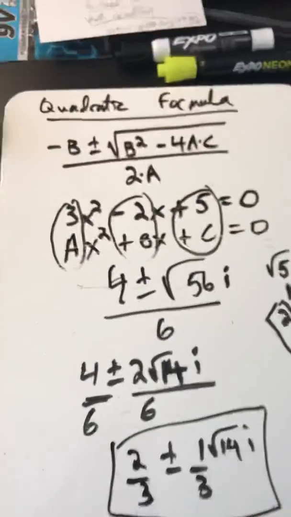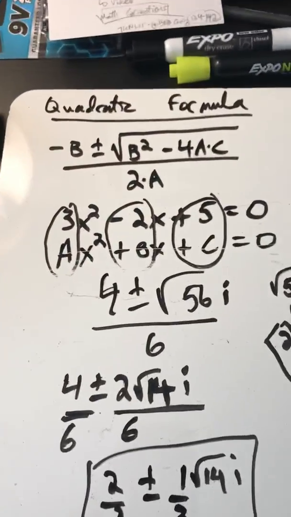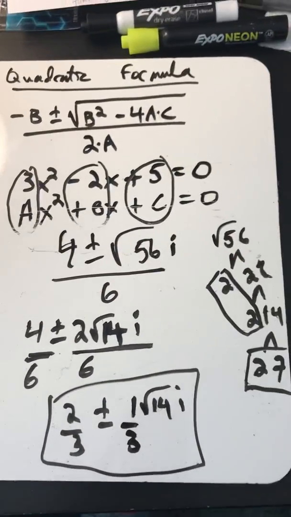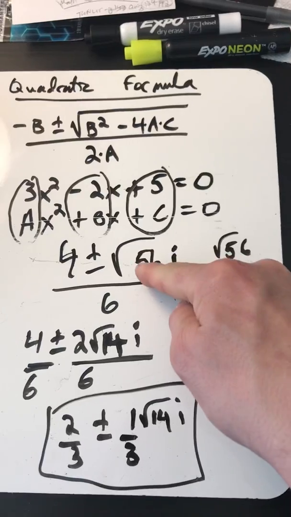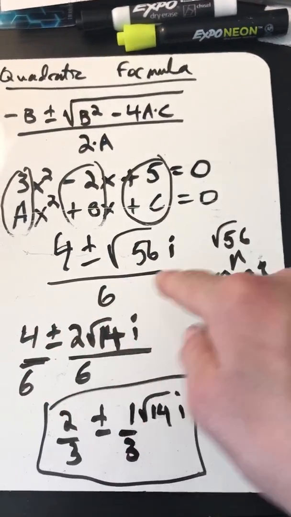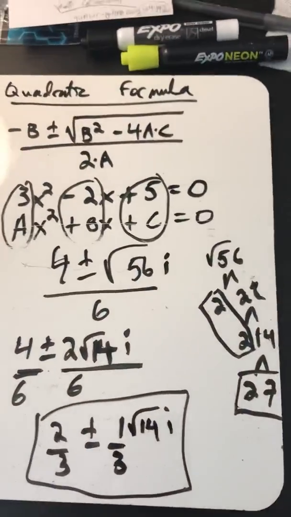Quadratic formula, just plugging stuff in. If you can simplify the radical, you always do. If you can simplify the fractions, because they're all over 6, you always do.